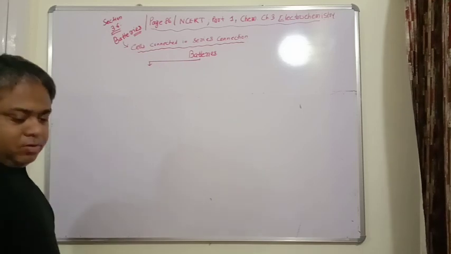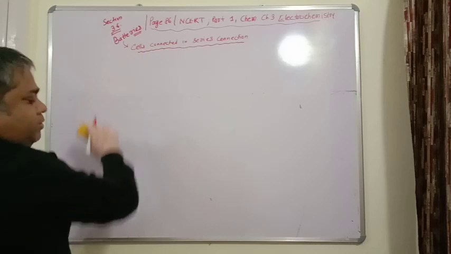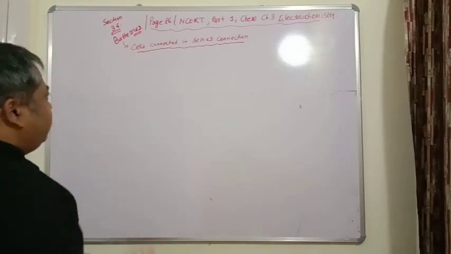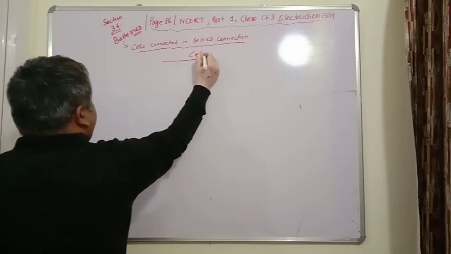Or instead of the word battery, since we are studying about one unit, we'll write cell. Cells are of two types.